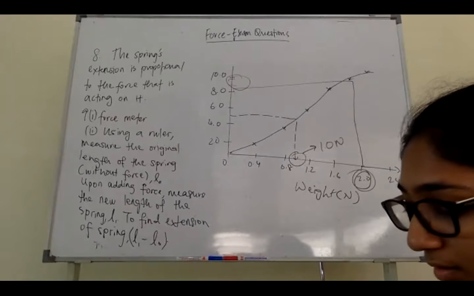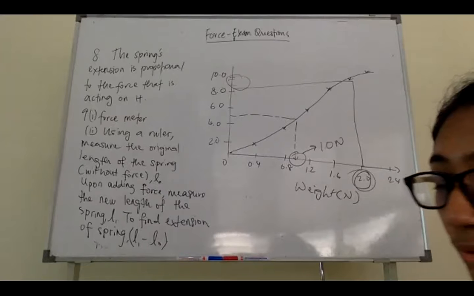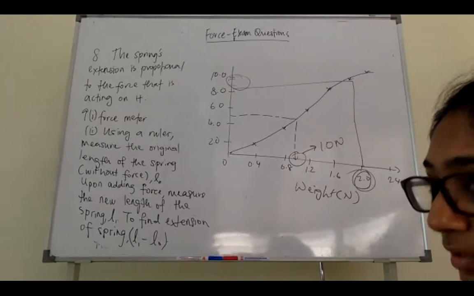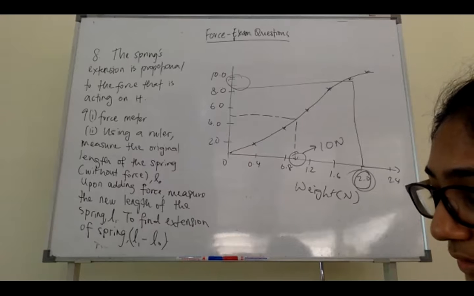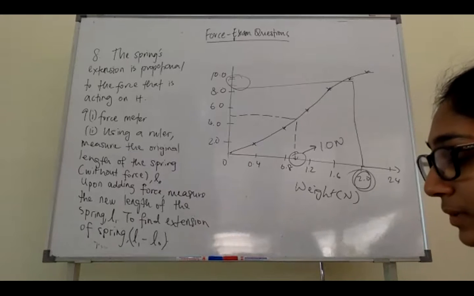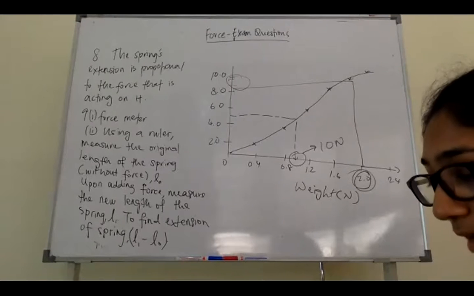Oh, okay, understand. So the extension is 0 because there's no weight, so it won't be extended. So that means what is the original length of the spring? 31 cm, when there's no force attached. So the total extension for zero force is 0, because no extension.